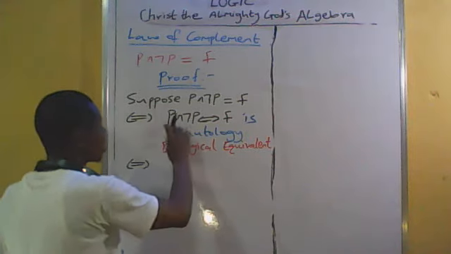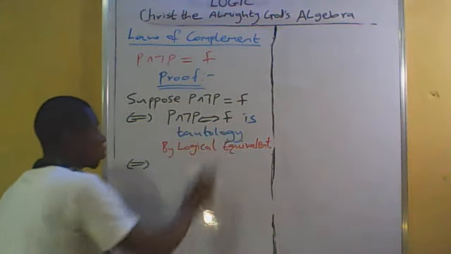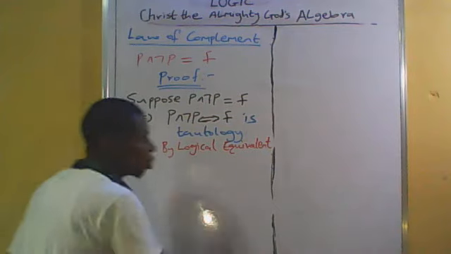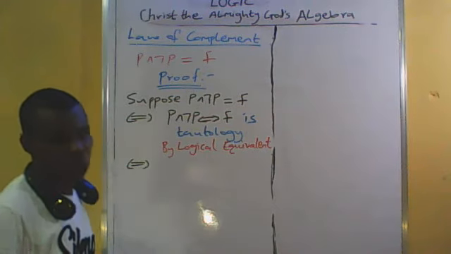Now, since this statement P and not P if and only if F is a tautology, we can also transform it to a conditional statement and it will still preserve the tautology.